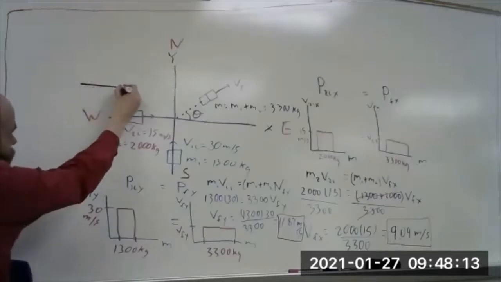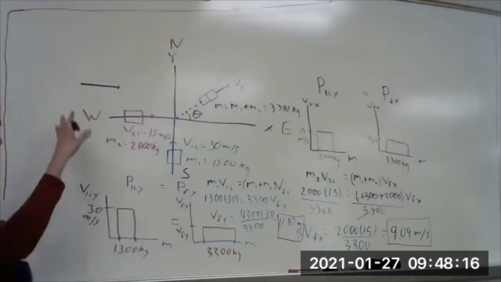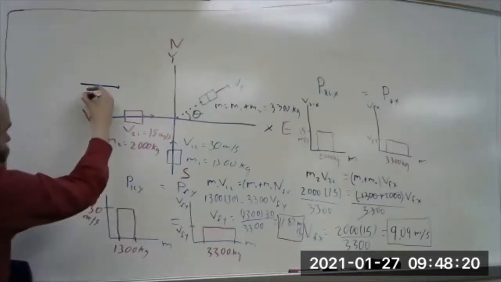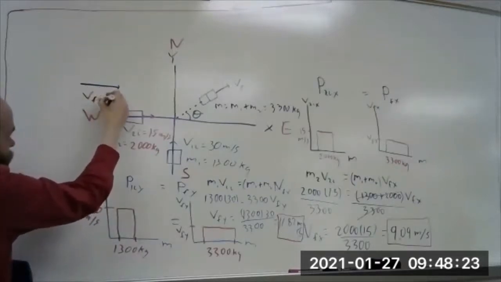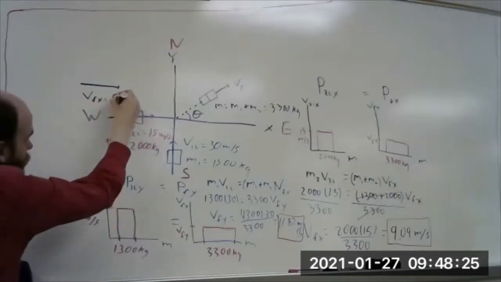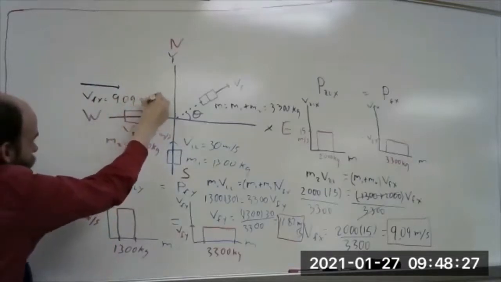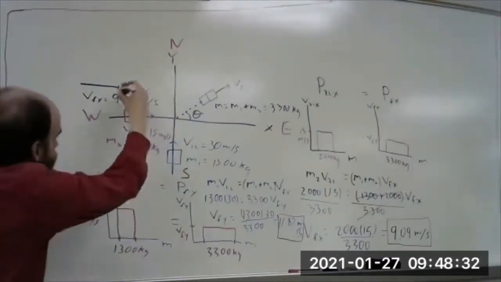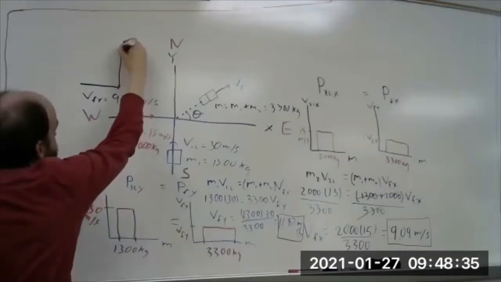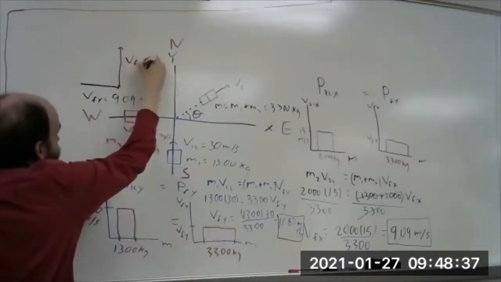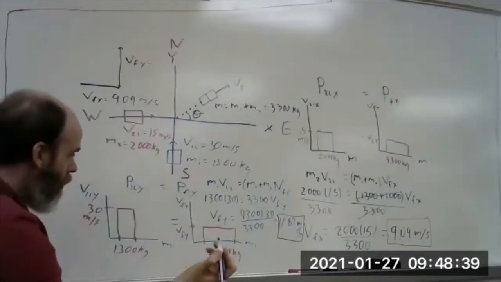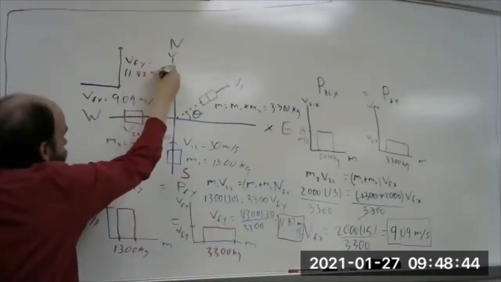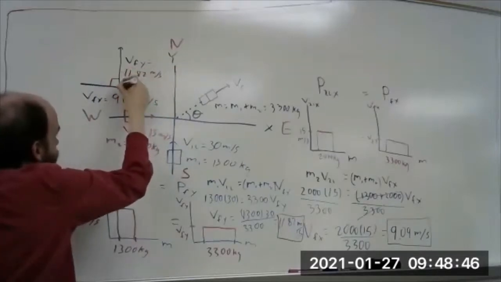So this one is V final x. V final x is 9.09. And then we're going to draw V final y going upwards. So this is V final y, which equals 11.82. Of course, this is a right angle triangle.